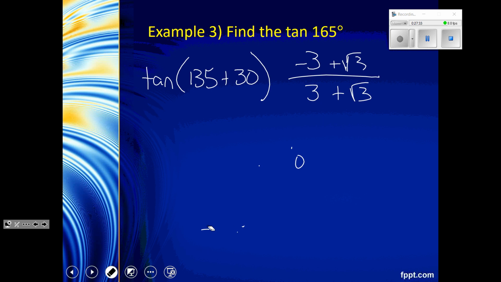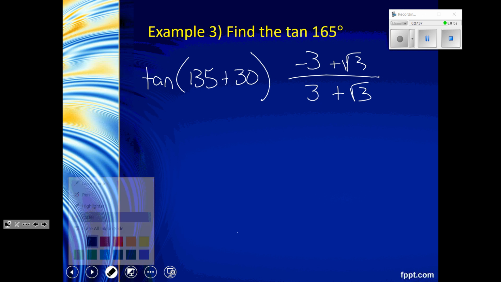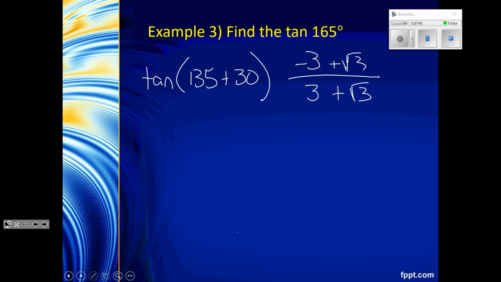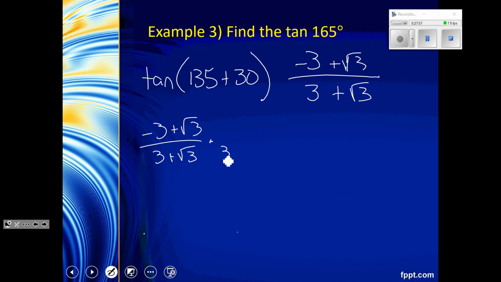Creating room so I don't lose you. Once we times this by the conjugate, all right, so -3 plus square root of 3 over 3 plus square root of 3 times 3 minus the square root of 3 on the top and the bottom.